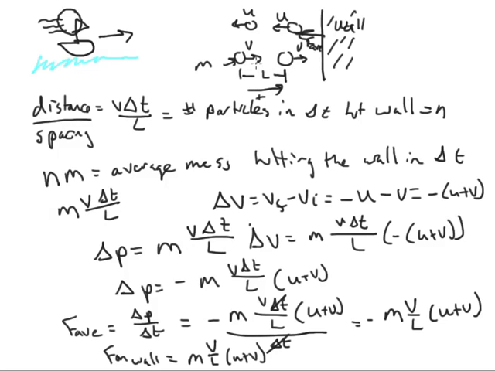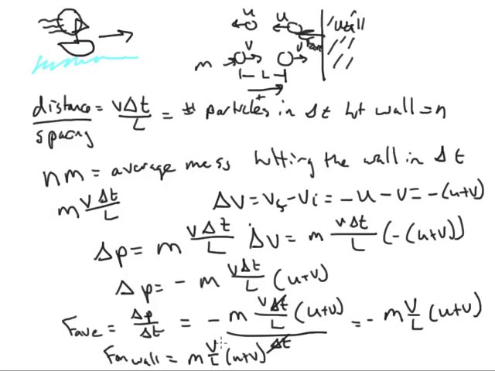So if L is really large, then that means there's a lot of dead space in between, so it means that we have not much air. So this would say that a sailboat in outer space would not be an optimal way to travel, because you're going to be very infrequently getting hit by an air molecule.